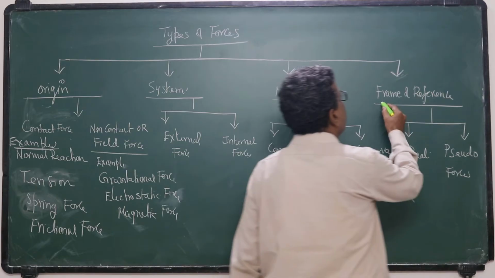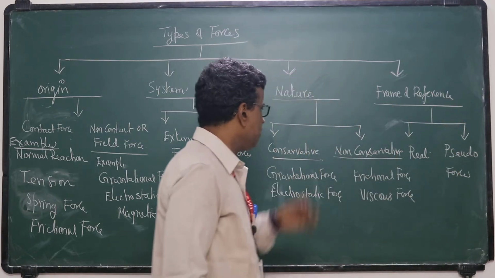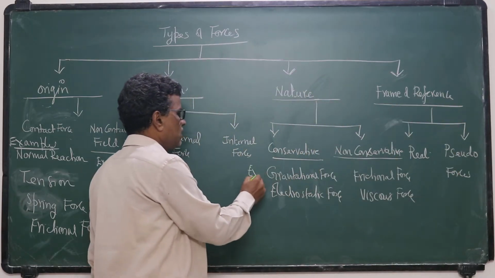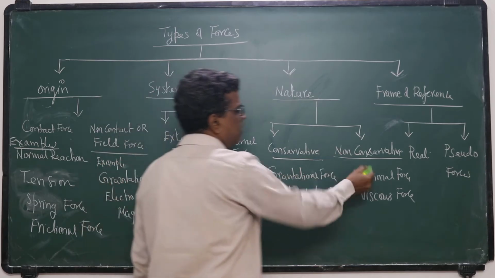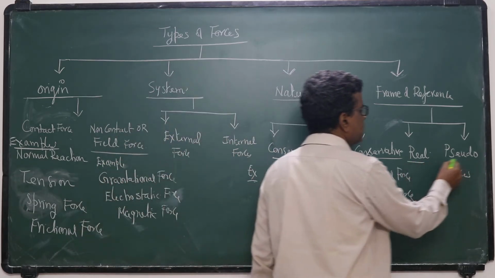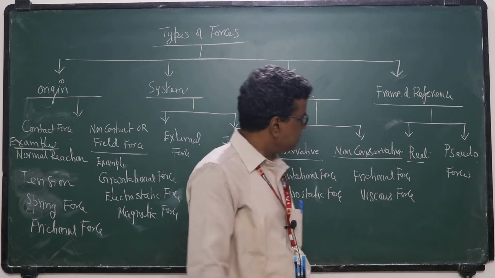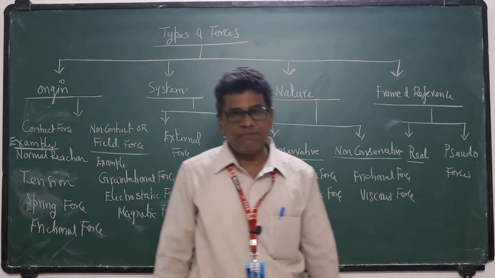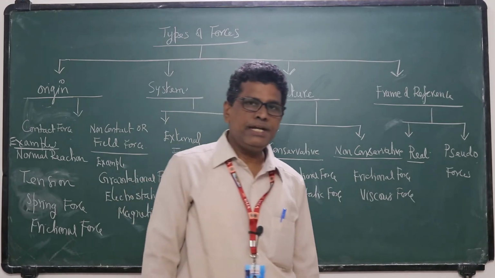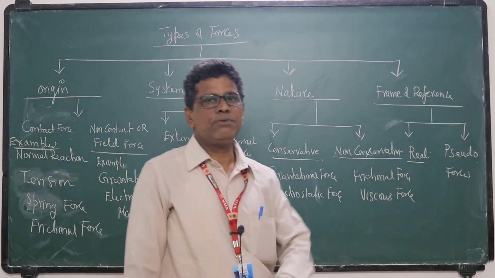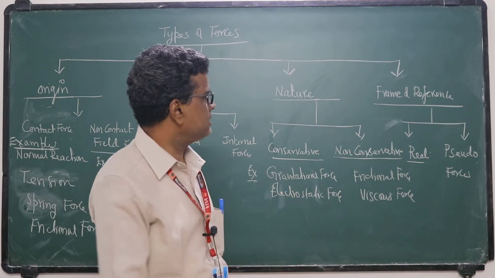The frame of reference. These are the examples for this. Conservative and non-conservative. Real forces and pseudo forces depend upon the frame of reference. Generally we can consider a Cartesian coordinate system as a fixed frame of reference.